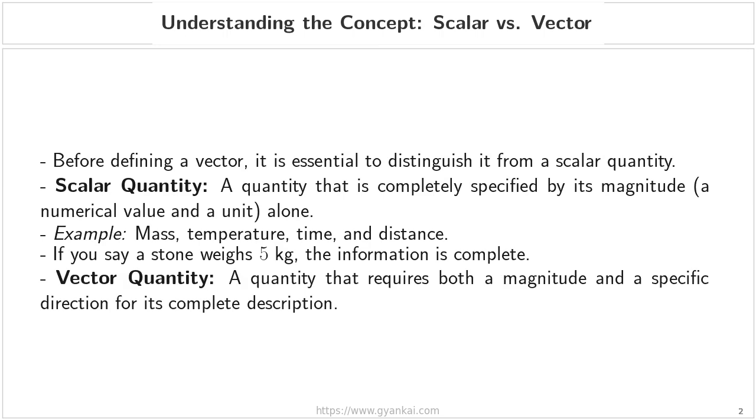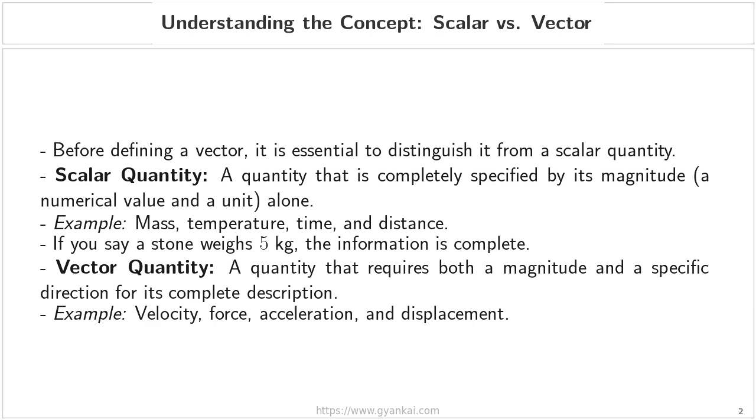However, as we will dive into more deeply in the next slide, we encounter vector quantities. Unlike scalars, a vector requires both a magnitude and a specific direction to be fully described. Consider examples like velocity, force, acceleration, or displacement.